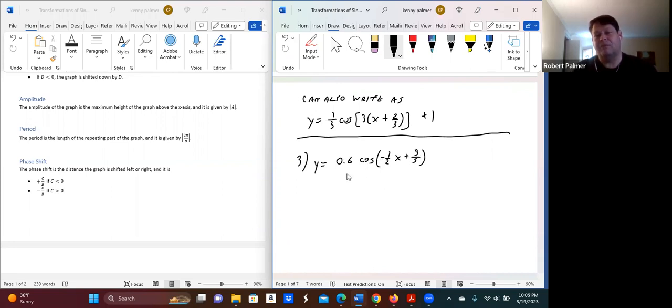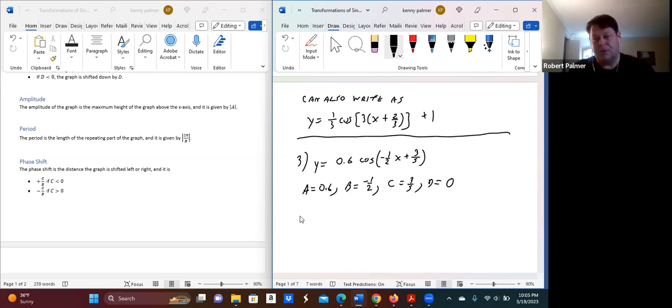Once again, look at the A, B, C, and D's. A is equal to 0.6. B is equal to -1/2 this time. C is equal to positive 3/5. And then D is equal to 0.